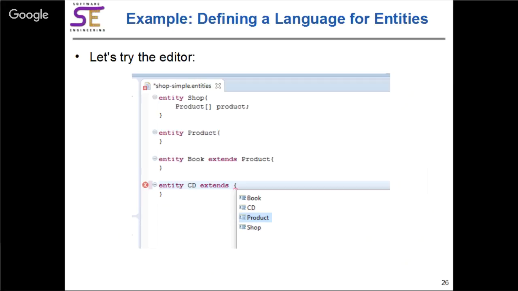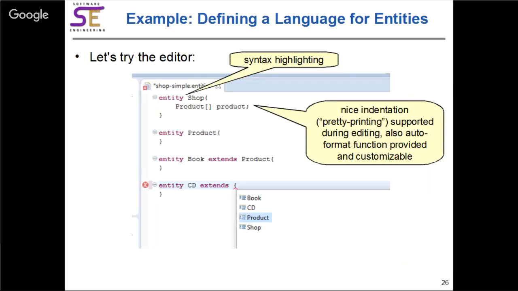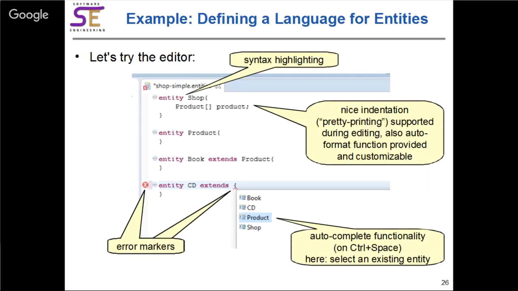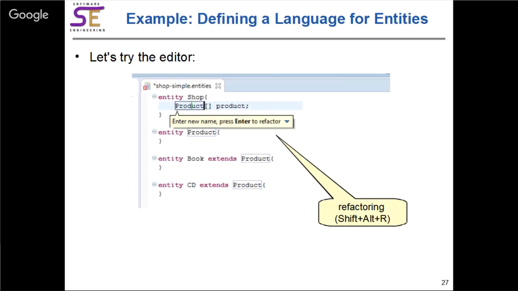So what you see here is not a plain text editor like your standard notepad on Windows, but something that has a lot of features: syntax highlighting, error annotations, autocomplete support, also nice default indentation, and also refactoring support.